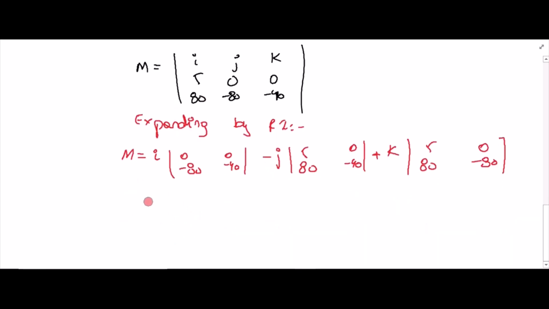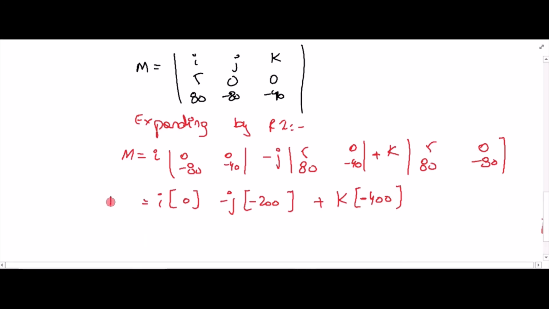From here, 0 times -40 is 0 and 0 times -80 is also 0, so it is 0. 5 times -40 is -200 and 80 times 0 is 0. Plus k, 5 times -80 is negative 400 and 80 times 0 is 0.